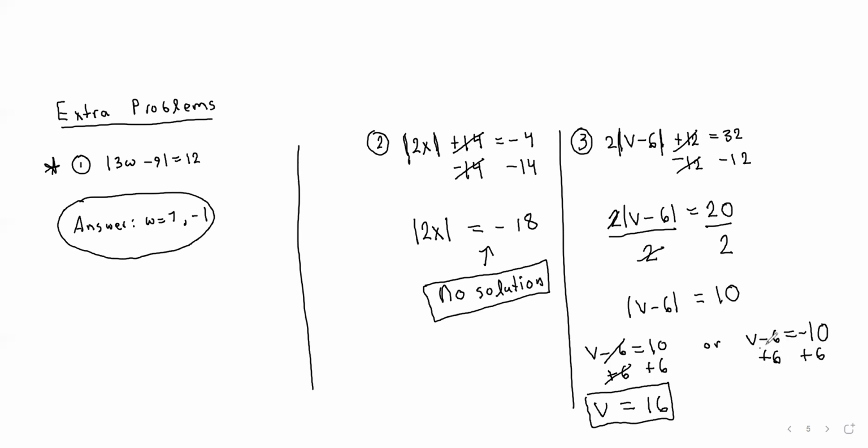The minus 6 and the positive 6 cancel, so we just have a v on the left. And on the right, we have minus 10 plus 6, which is minus 4. This gives our 2 solutions to problem 3, which are v equals 16 and v equals minus 4. So this ends the examples I have picked for this video.